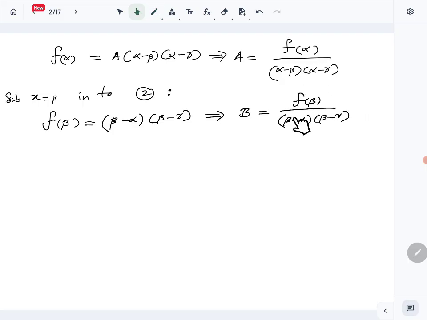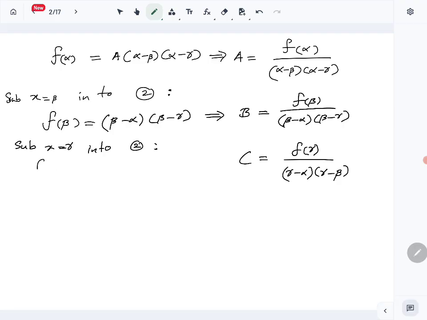So we can actually guess the c value. It's the same pattern, no? So what's c going to be? c is going to be f(gamma) over (gamma minus alpha)(gamma minus gamma beta), you can see that from subbing x equals gamma also into equation 2.